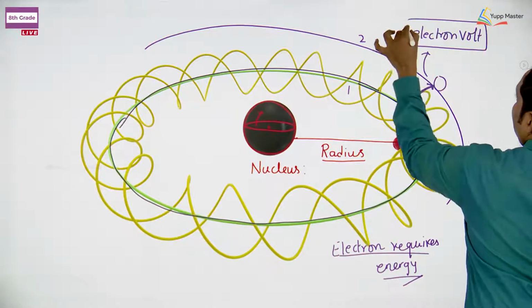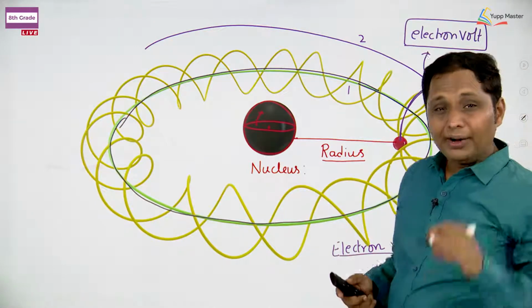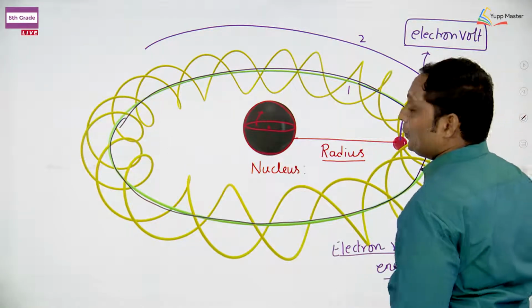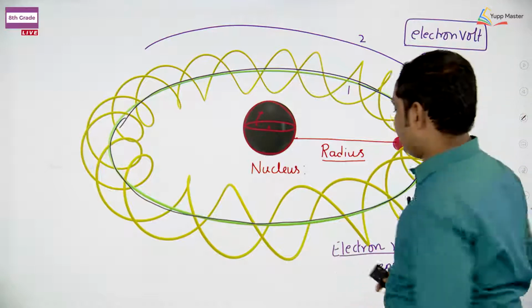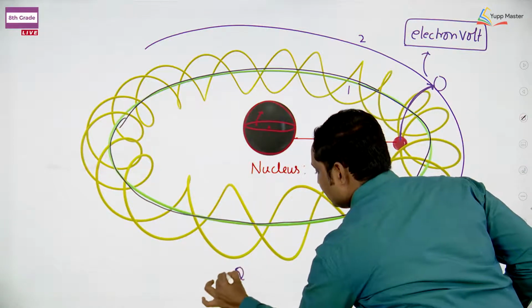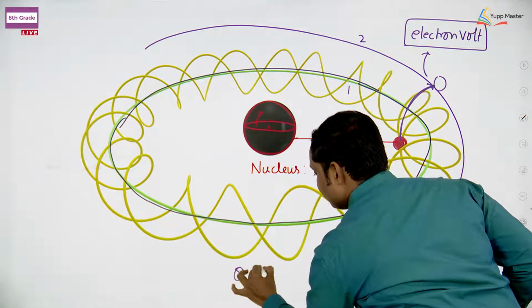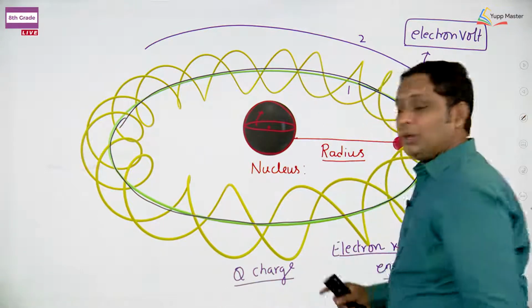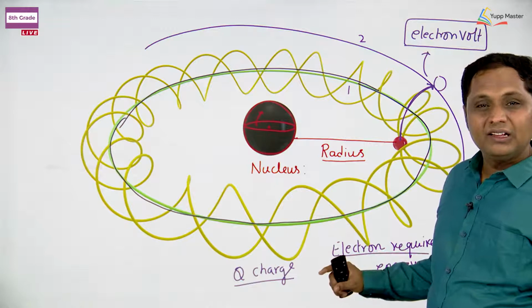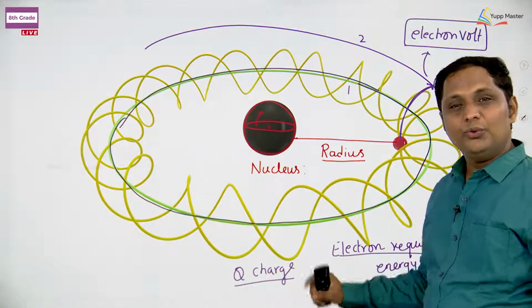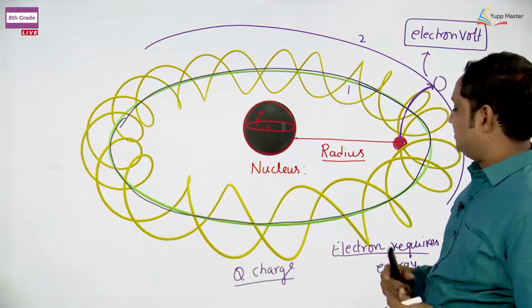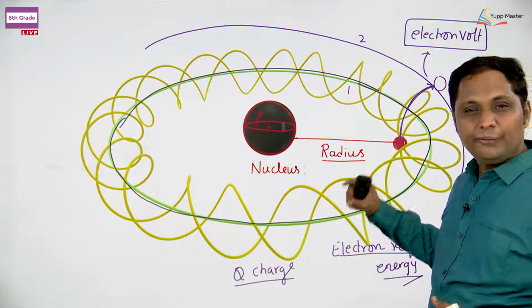Electron volts, eV. Or if you are going to take that one charge, let's assume it's a charge. So work done by the system is also energy.